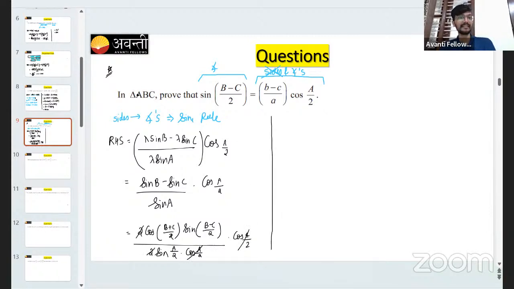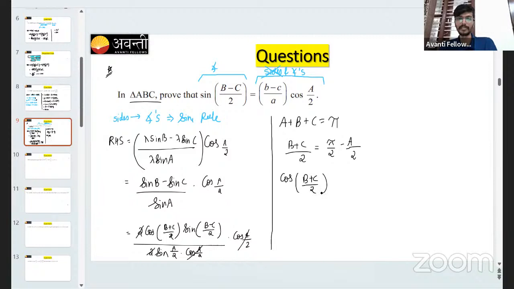Now, since it is a triangle, I know that A plus B plus C is equal to pi. That means I can write B plus C by 2 as pi by 2 minus A by 2. So cos of (B plus C) by 2 will be equal to cos of pi by 2 minus A by 2. Now, do you know allied angles? Cos of pi by 2 minus A by 2 is sine A by 2.